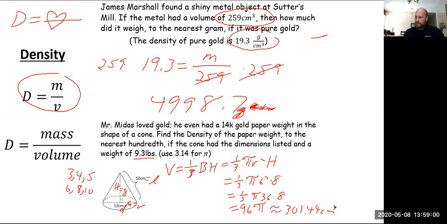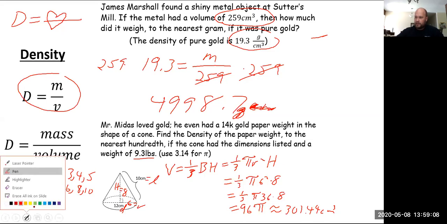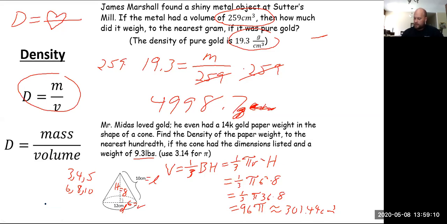So on this problem, we have our volume. In the original problem, they gave us the weight. So now we can finally plug into our density equation. Let me change the color for this next step. So now we're going to take our equation: density equals mass over volume. We're going to plug in the mass and the volume that we had and just divide.